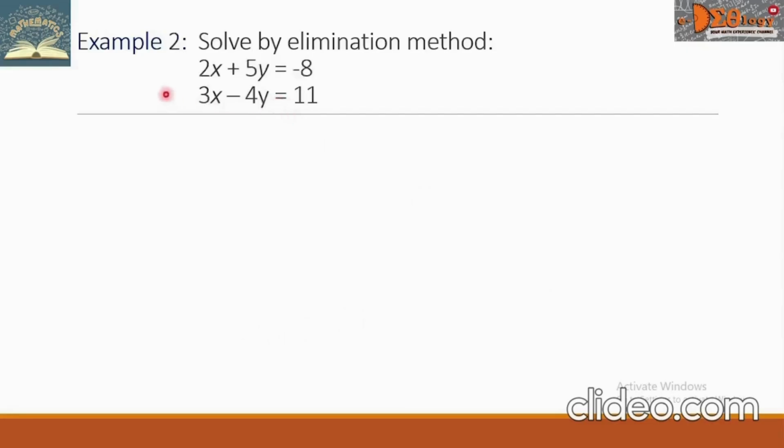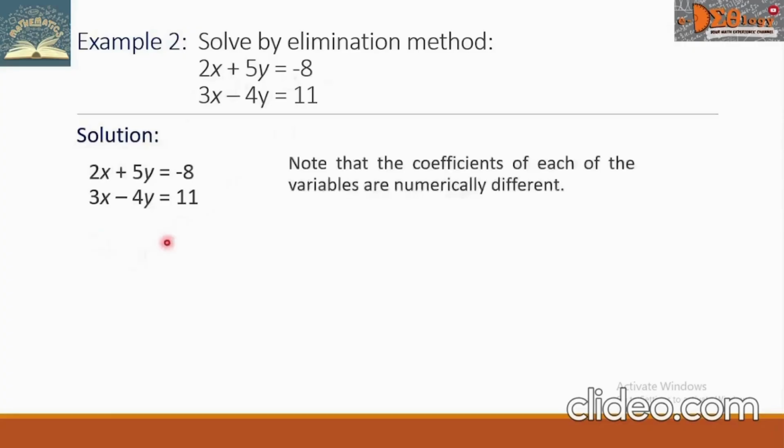Example 2. Solve by elimination method. 2x plus 5y equals negative 8. 3x minus 4y equals 11. We copy our problem down here and let us observe the coefficients. Note that the coefficients of each of the variables are numerically different.